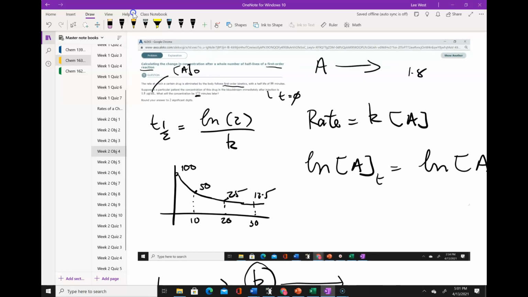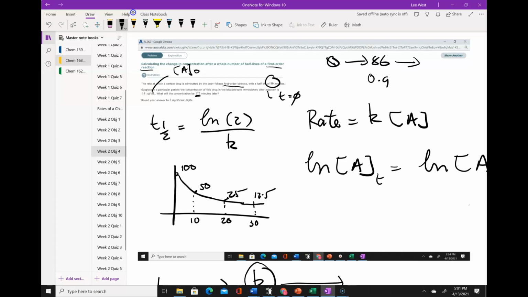Right, so let's just say 86 minutes is 1 half-life. So if we go from 0 to 86 minutes, the concentration should become 0.9.